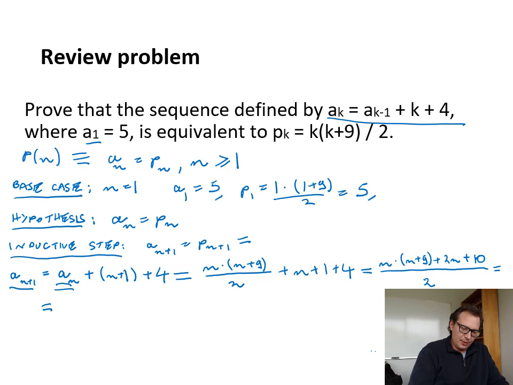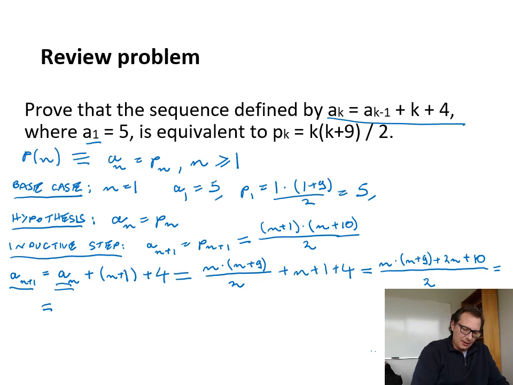So p of n plus 1 is equal to n plus 1 times n plus 10 over 2. Okay, so let's see if we can get this thing that we started here into this form.